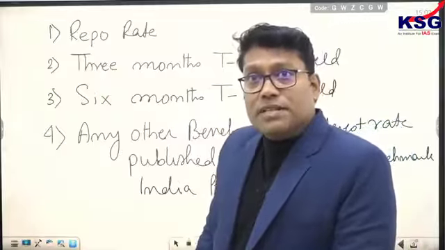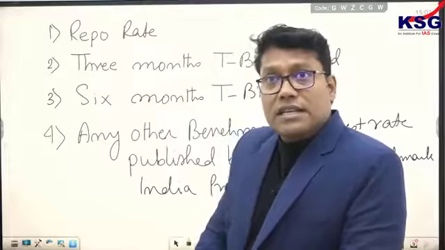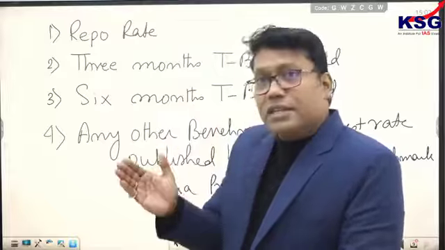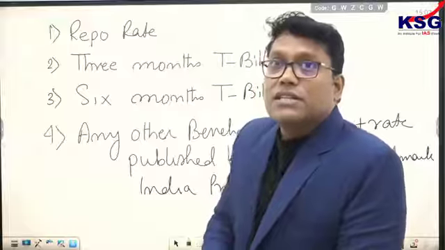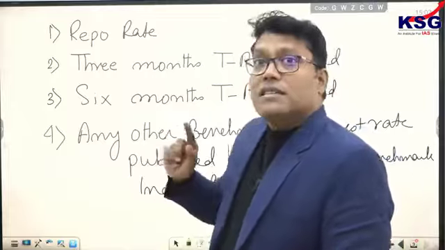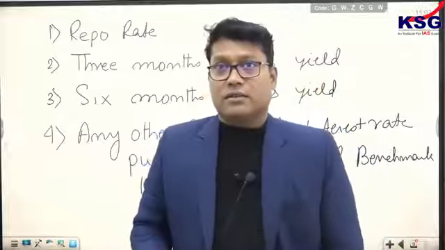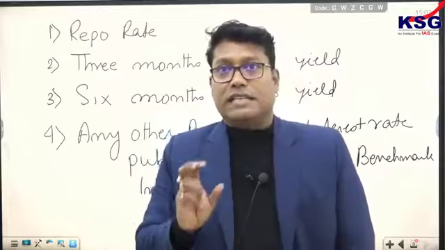T-bills means treasury bills. That day also I discussed about it when I was discussing the GSEC. If maturity period is less than 1 year, then that GSEC is known as T-bills, treasury bills. Yield means return. What is the return you are getting? That return is known as a yield.